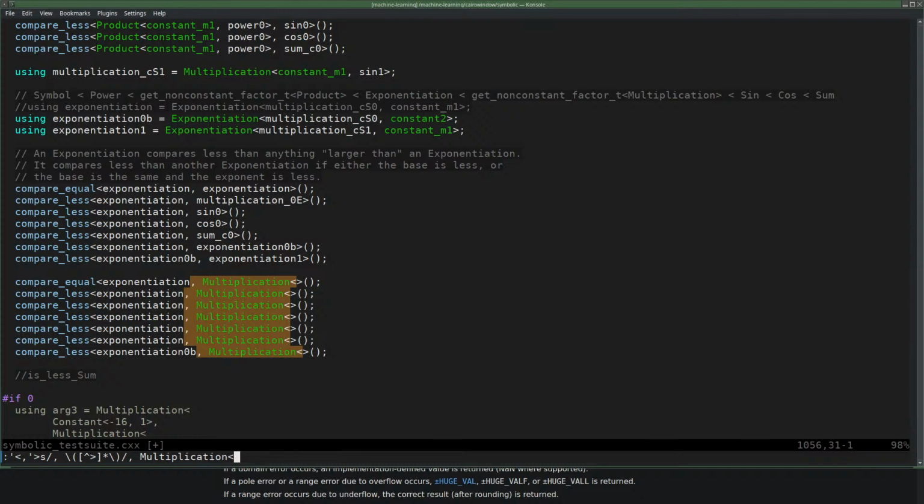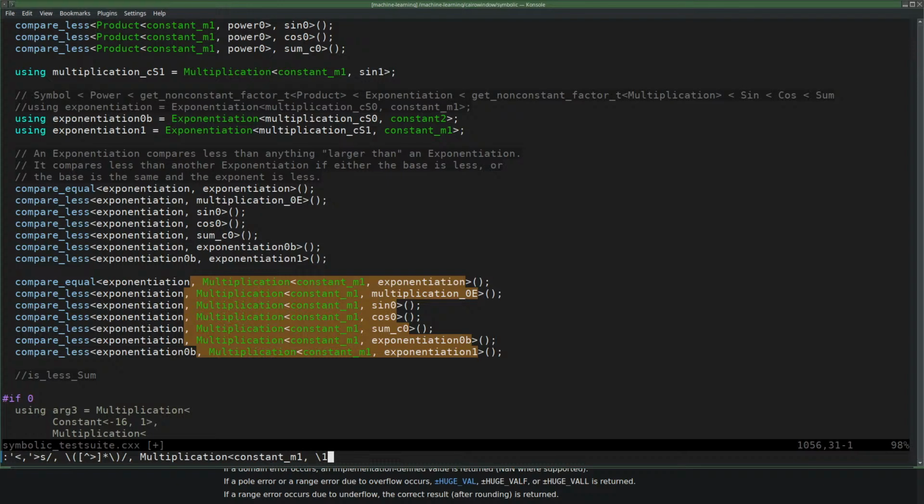How did I call that? Constant M1, I think. You could call it trivial because it should compare less than a multiplication anyway. But yeah.